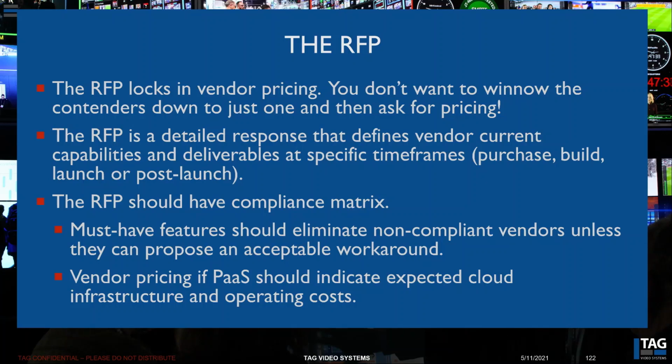You can make this as simple or as complex as you want, but it should be meaningful to you as the customer. It should have the features, and you should eliminate non-compliant vendors unless they can propose an acceptable workaround. And if your vendor pricing is platform as a service, it should indicate expected cloud infrastructure and operating costs. You should be able to ask the vendor, what do I need to run your recommended workflow?